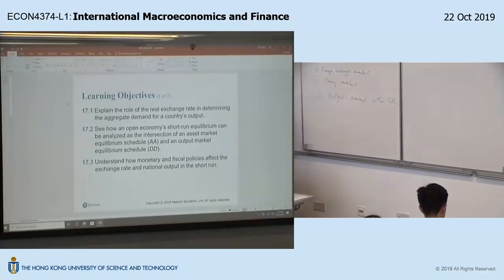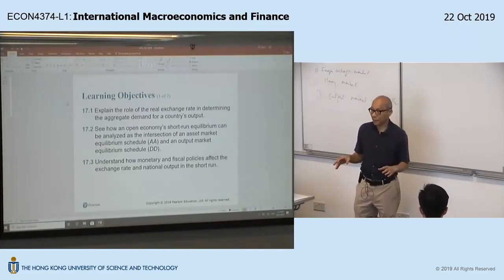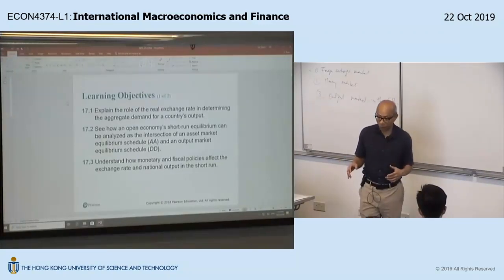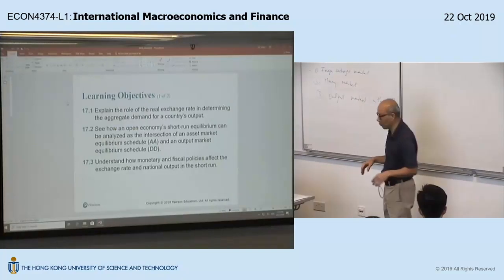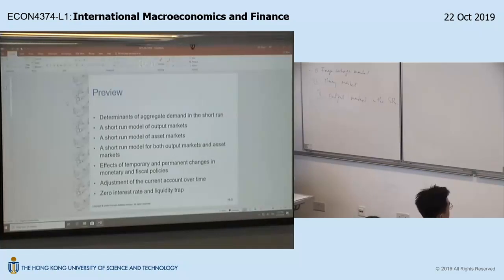So the AADD framework is really important in this course, because that is really the ultimate goal of what we want to achieve in the model building. You must try to understand the AADD framework very well.